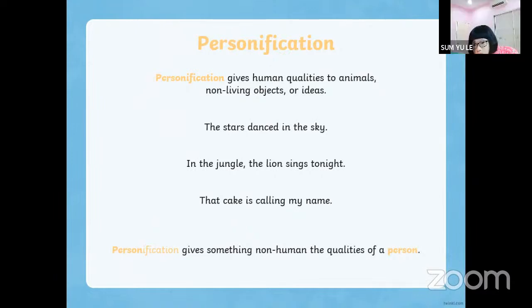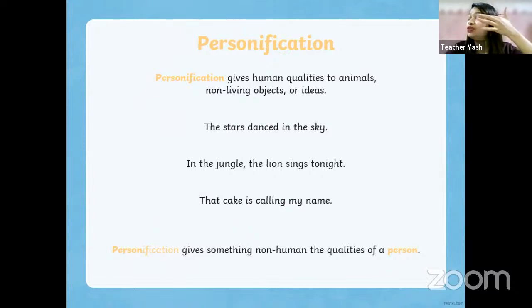Understand? Okay. That food is calling my name. That means, wow, look at the food. It looks so nice, I want to eat. And I know this food is delicious because my mom always cooks for me, so that food is calling my name.